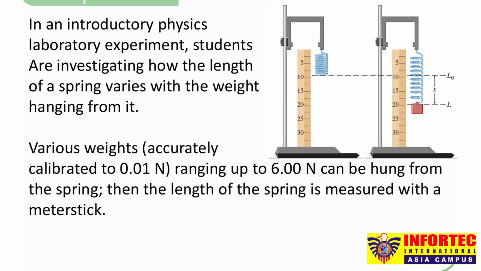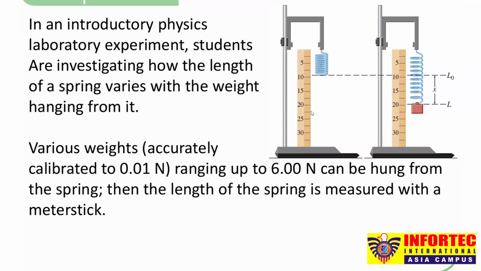Students are investigating how the length of a spring varies with the weight hanging from it. We can increase the weight, and according to the weight we investigate how the length of the spring varies. Varying weights, sometimes up to 6 Newton or so, can be hung from the spring. Then the length of the spring is measured with a meter stick.